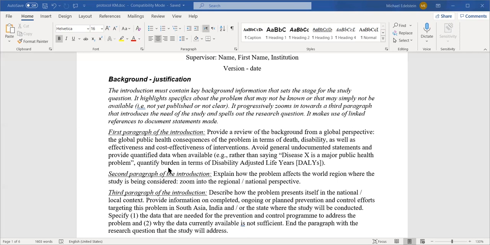And there's a structure to a background that we went through in previous lectures. Think about it as an inverted pyramid. Yeah, you start very global, and you narrow it down. So, for example, if you want to do a study on improving diabetes care in northern Israel, you will start talking about diabetes in very generic terms, explaining why globally it's a problem, and reviewing a little bit the evidence: what proportion of the population is diabetic, who it affects, what are the problems with diabetes.